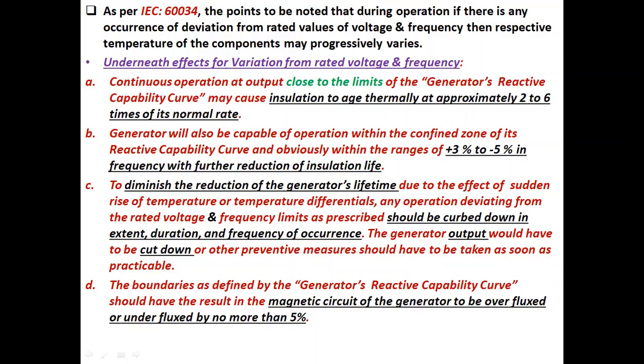The generator will also be capable of operation within the confined zone of its reactive capability curve and within the ranges of plus 3% to minus 5% in frequency, with further reduction of insulation life.